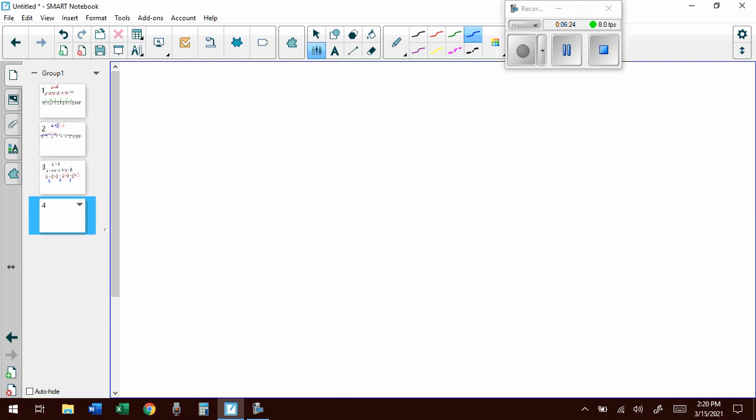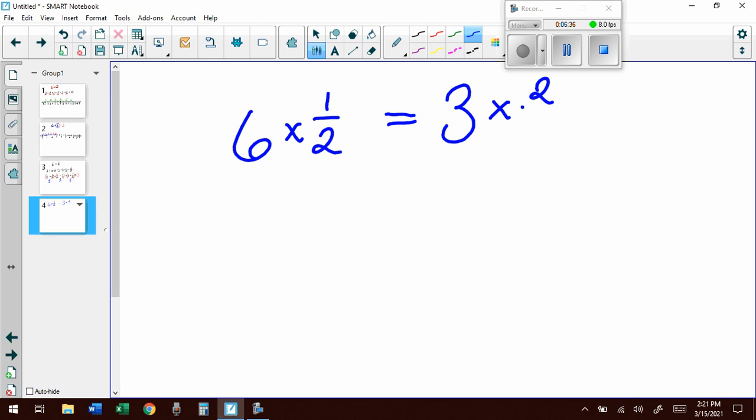So my question to you is this. Is 6 times 1 half equal to 3 times 2 halves? So if we were to look at this through just multiplication, just what we know about our basic facts, we would see that this is the familiar part that I was talking about.